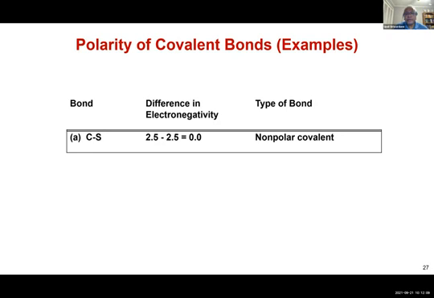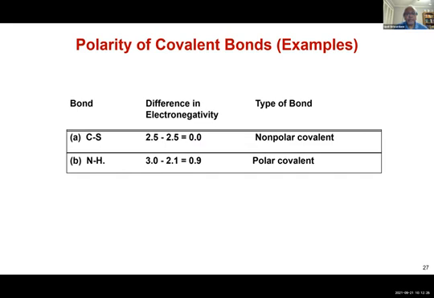Subtracted, 2.5 minus 2.5 is 0, a non-polar bond. If the electronegativity difference is between 0 and 0.5, we consider it a non-polar covalent bond.